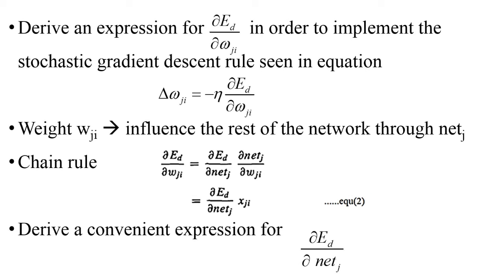Notice that the weight w_ji can influence the rest of the network only through net_j.